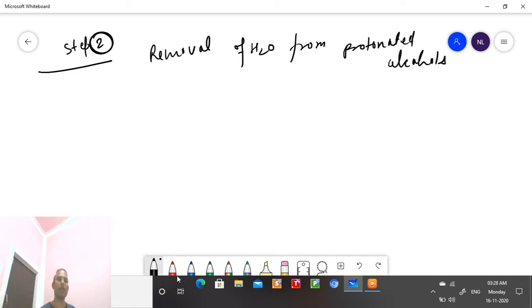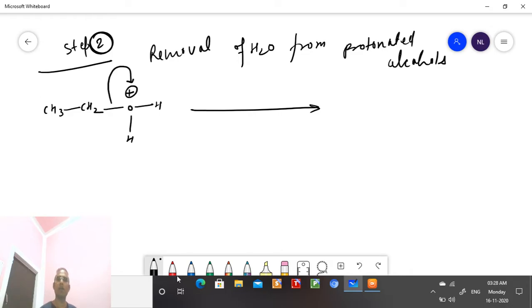If you see, we have this protonated alcohol CH3CH2, O here with hydrogen, and this is the positive charge. This bond is shifting here, so the positive charge will be neutralized and the water molecule will be released. Since the bond electrons are going to oxygen, a carbocation will form, CH3CH2 with a positive charge.